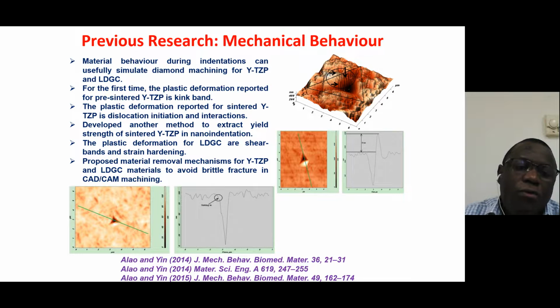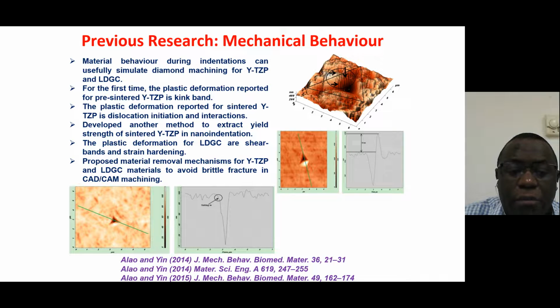Now, for presintered zirconia. Presintered zirconia simply means that, in the field of powder metallurgy, you are trying to make a material from powder. So you are going to have powder particles like this, and then you have a mixture of them. Just like when you are trying to bake, you mix them with a binder. But in this case, we call it isostatic pressing.